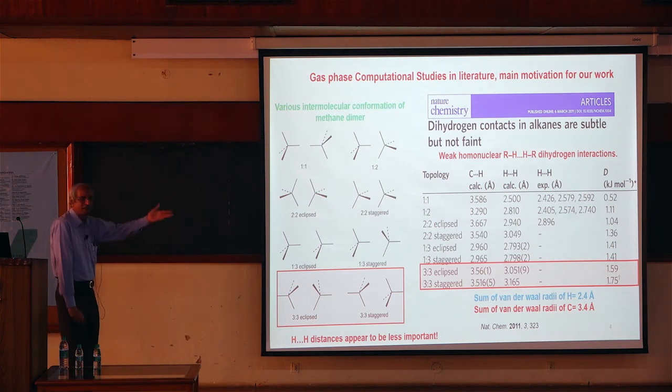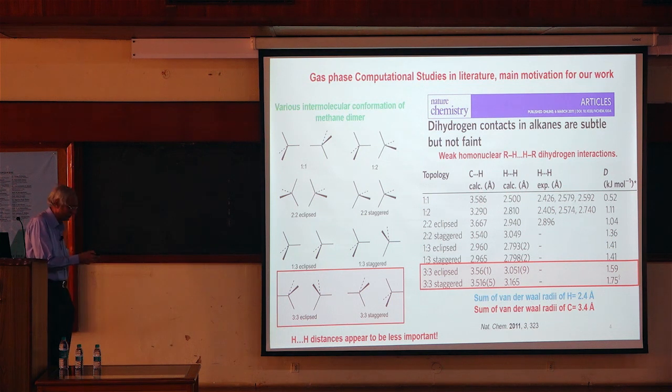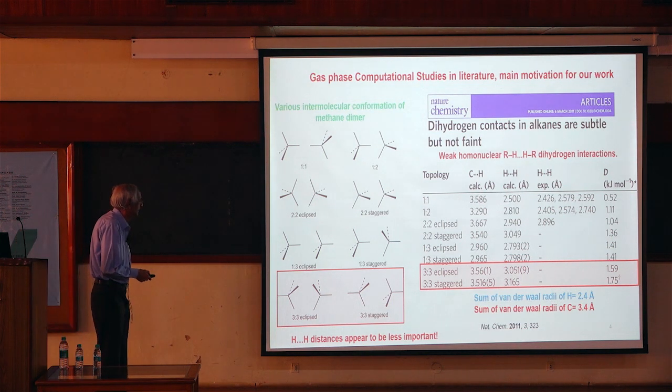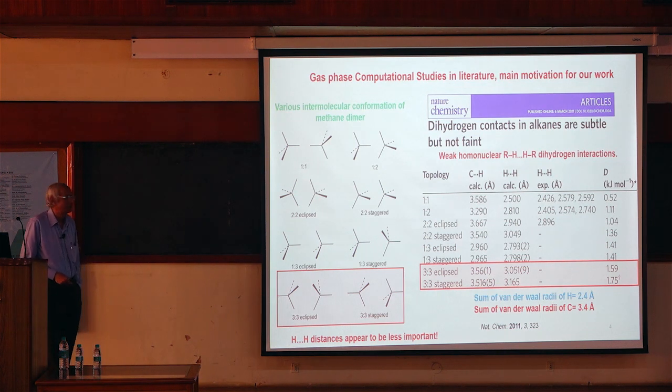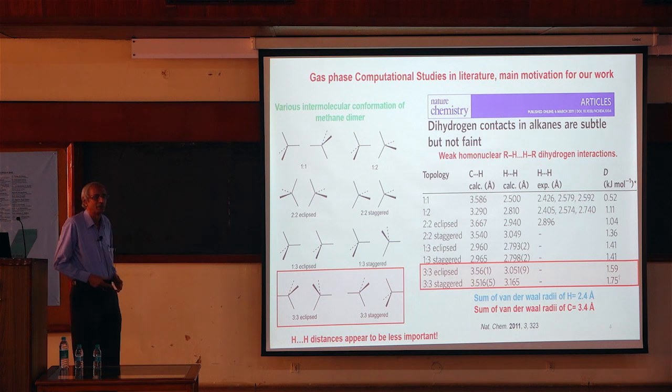And they calculated some of the numbers. I will not have time to go through it, but I will just highlight the two things which attracted our attention. That is the 3,3 eclipsed and 3,3 staggered. We wanted to engineer molecules into these kind of situations where we have the methyl groups approaching each other.